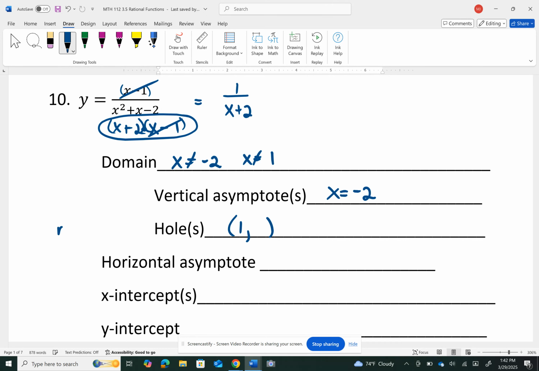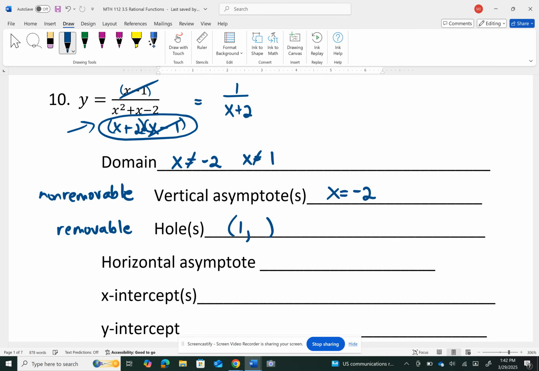Okay, so the holes are the removable ones, the ones where you could knock out the factor, which come from removable discontinuities. The vertical asymptotes are the ones where you could not cross out the factor. They're non-removable.